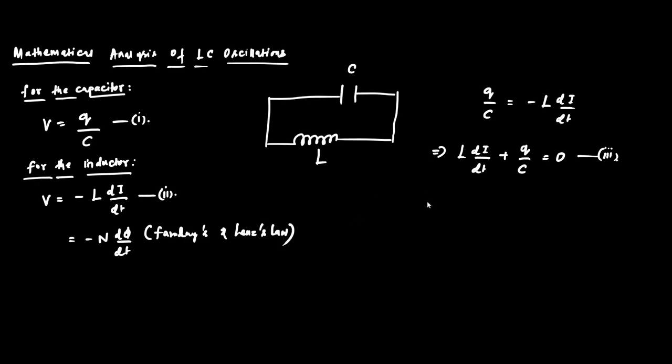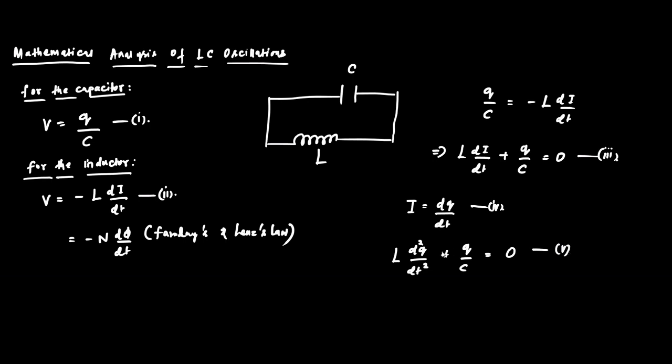Now we know that current can be written as rate of flow of charge, charge flowing per second. So if we substitute this equation 4 in 3, we will have L d square Q by dt square plus Q by C is equal to 0. This is equation 5.